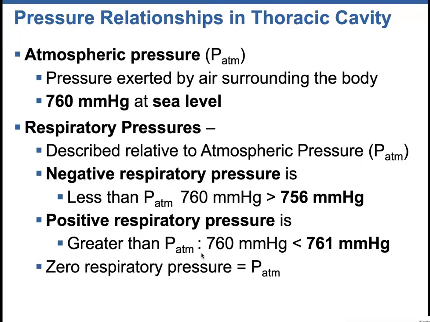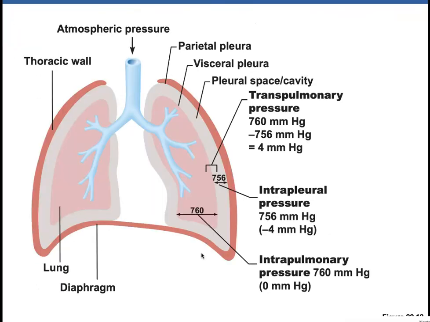And so that is what we're able to do in terms of moving our air, because of the pressure gradients that are created by what the diaphragm is helping us do inside that thoracic cavity. So again, you have your diaphragm here. Air is going to come in through the trachea, fill into the bronchi, and make its way down to the alveoli.